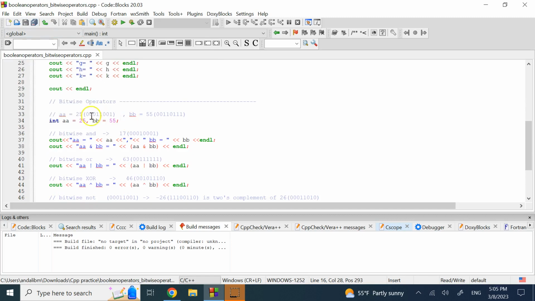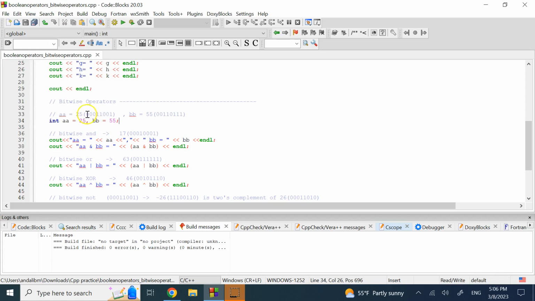Now, we also have bitwise operations. These are very interesting. Here, everything is dealt with in the binary format. For example, I have a number 25, which in binary is shown like this with 8 bits, and then number 55, which is shown like this.